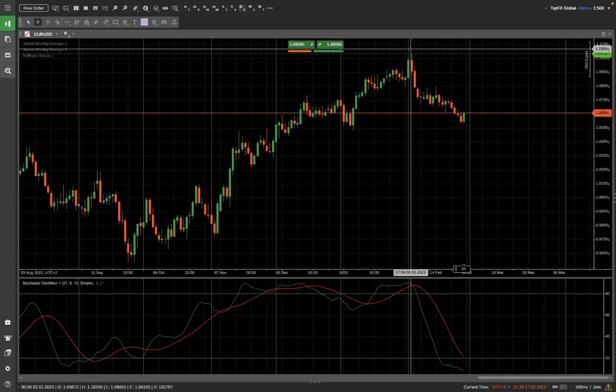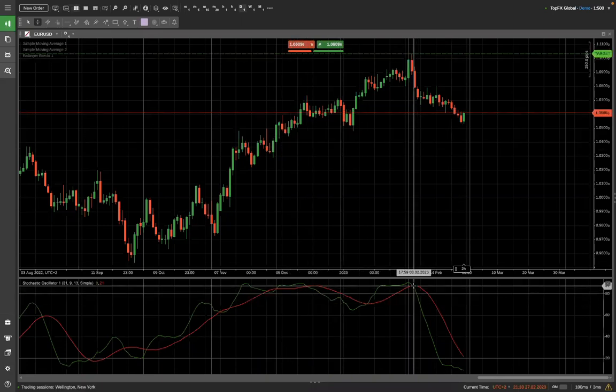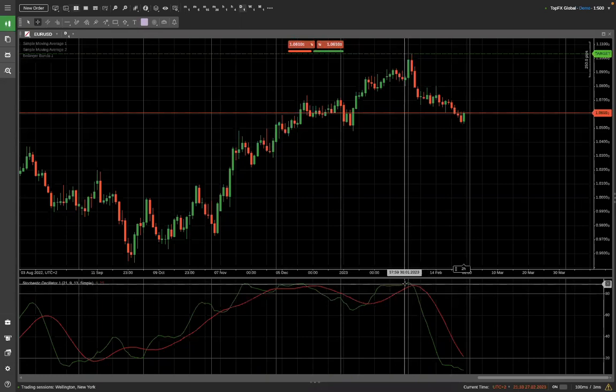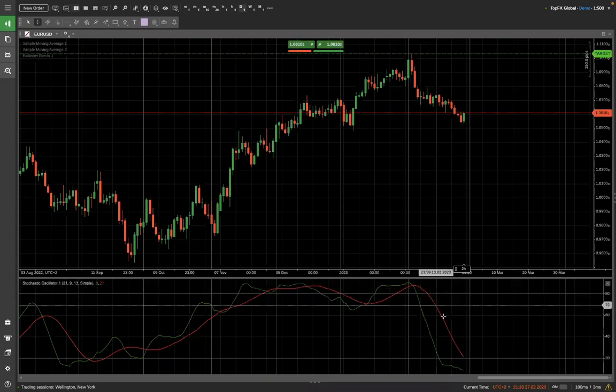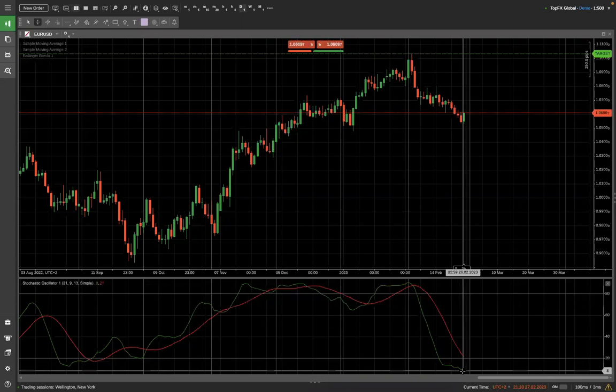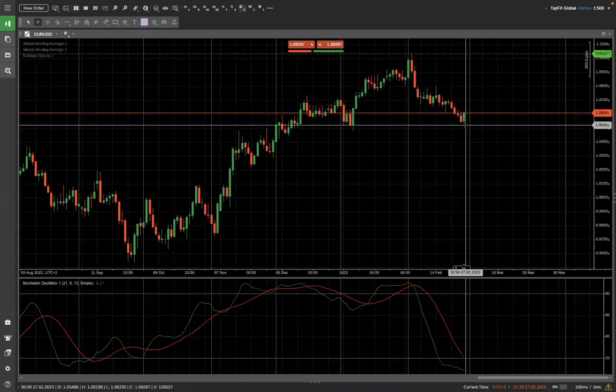So we got all of these signals that were made before, and the newest one was a sell signal, because the short-term period line crossed the longer period line, and for now they are just away from each other, which means the market keeps moving lower, keeps moving lower.